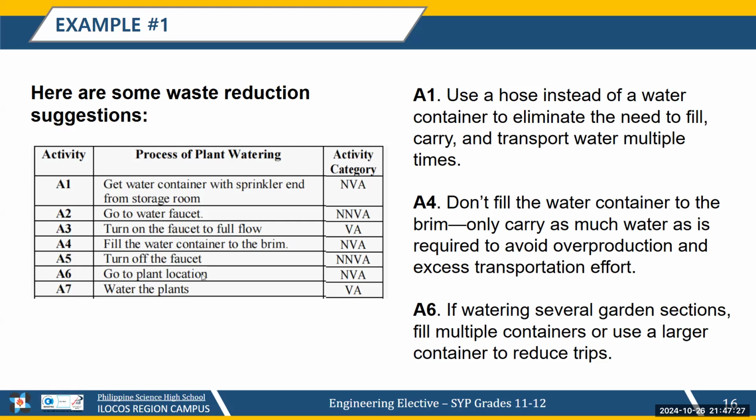So, in order to reduce this waste, you may use multiple containers or use a large container to reduce the trips. So, ang iiwasan dapat natin for A6 ay yung pabalik-balik sa ating water faucet. So these are some ways to reduce the said activities which are considered as waste.